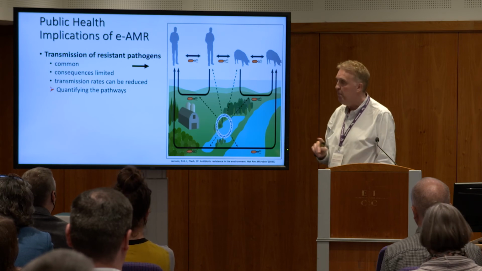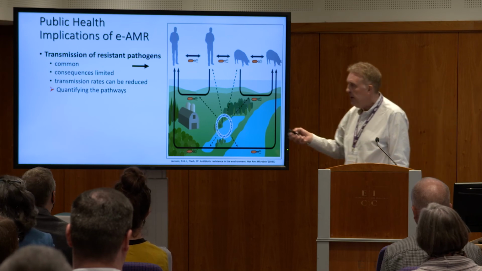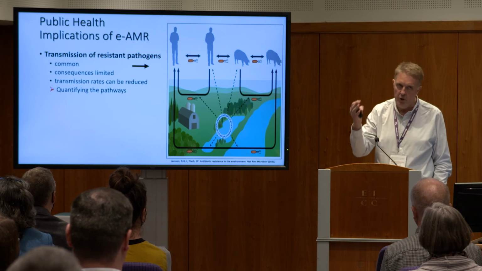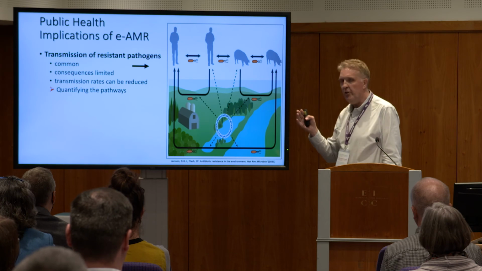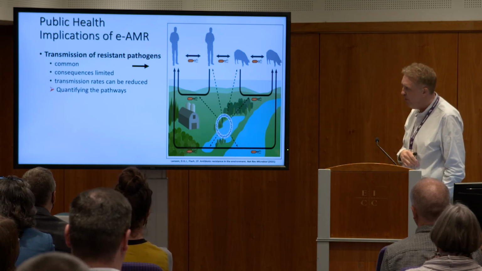Some of them it will. So consequence limited of transmission. And we can reduce it by reducing our contact and using infection control kind of principles. You can stop transmission from the environment to humans.